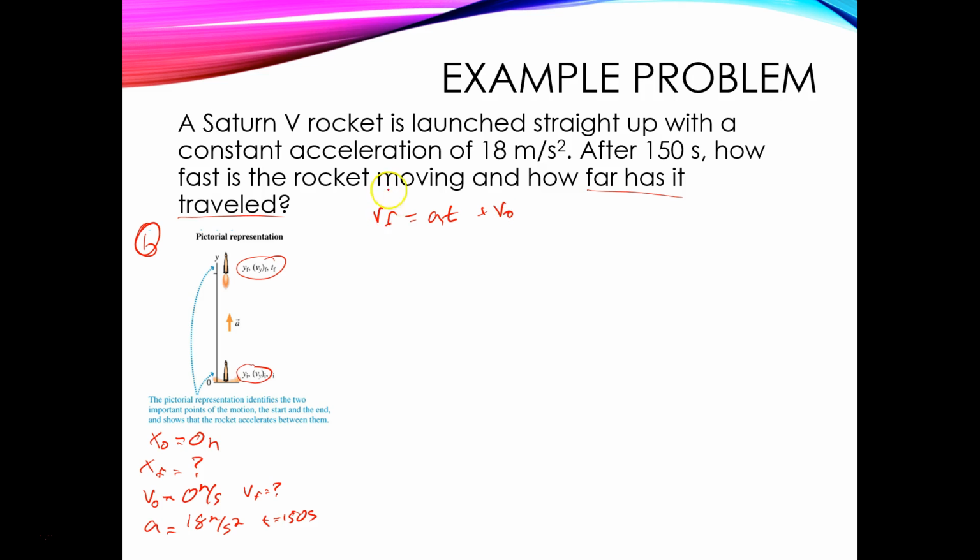We don't know what our final velocity is, but we know what our acceleration is, we know what our time is, and we know what our initial velocity is. So all we have to do is rearrange this equation for what we want, which in this case is already rearranged for our final velocity. And now we just plug in our numbers. So our final velocity is going to be equal to our acceleration, which is 18 meters per second squared, and our time is 150 seconds.